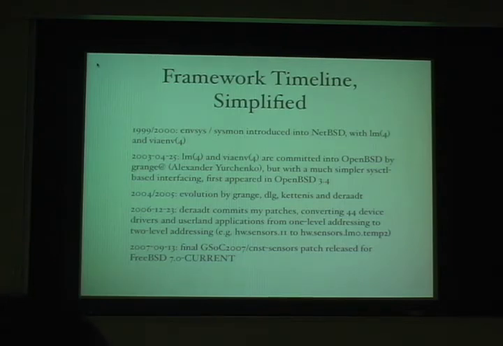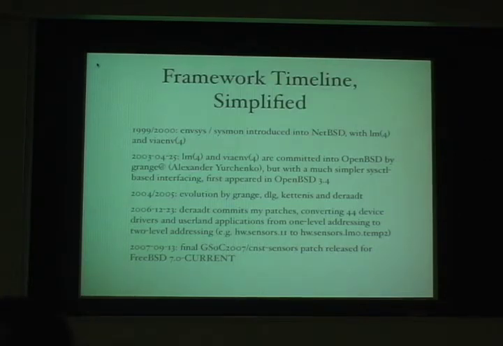Framework timeline, simplified. Basically, envsys and envstat were introduced to NetBSD in 1999 or 2000, and originally had the lm78 and the viaenv driver. Then in 2003, Alexander Yurchenko ported the lm78 and the viaenv driver into OpenBSD.